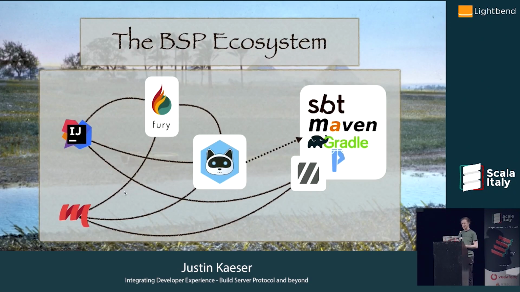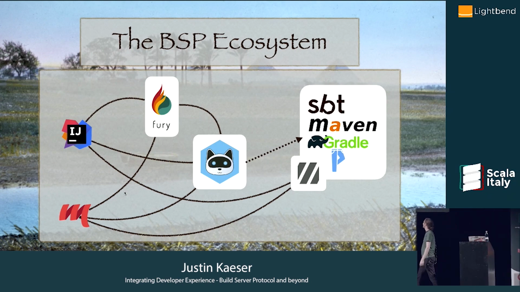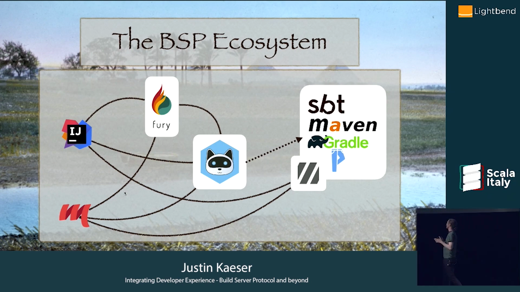Now, a quick overview of the BSP ecosystem. We've got a lot of nice lines here. I've focused, of course, on IntelliJ, which is a BSP client relative to all the servers. And the other client is Metals. Metals by default works together with Bloop.